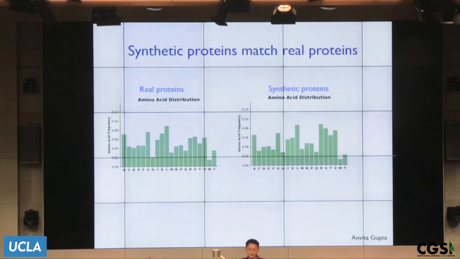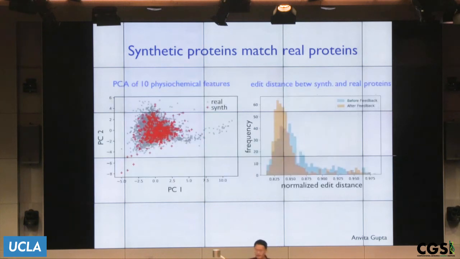You can get things that look sensible. One way to test this naively: I have some family of proteins with their distribution of amino acid usage, and I want to see whether the proteins I generate with this generative model have similar distributions. It turns out that they do.